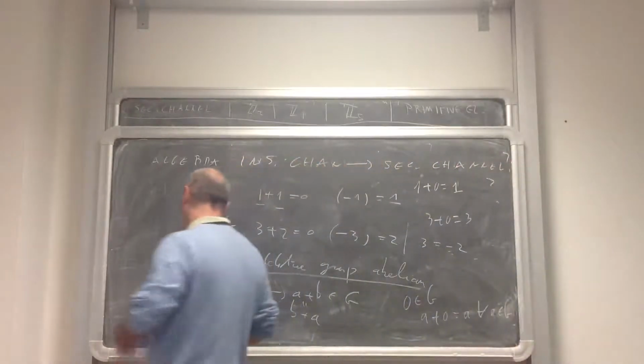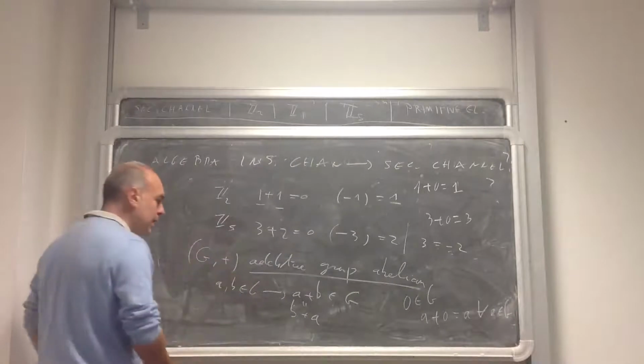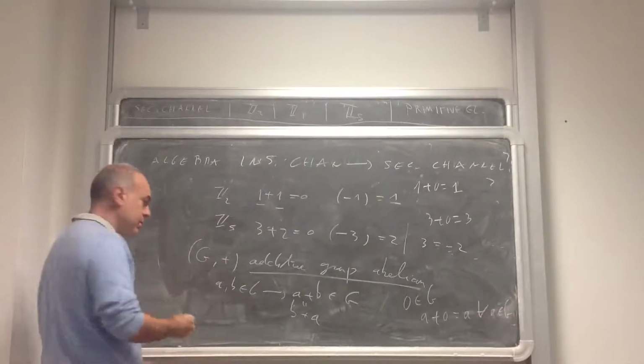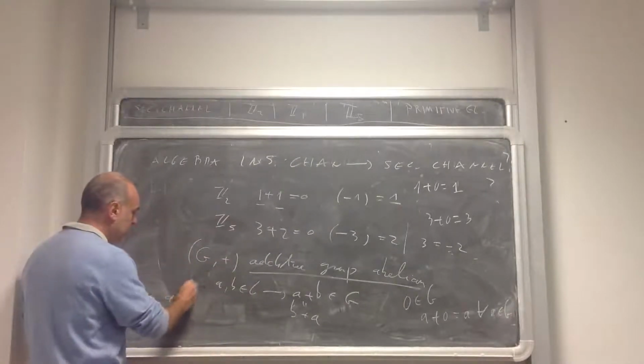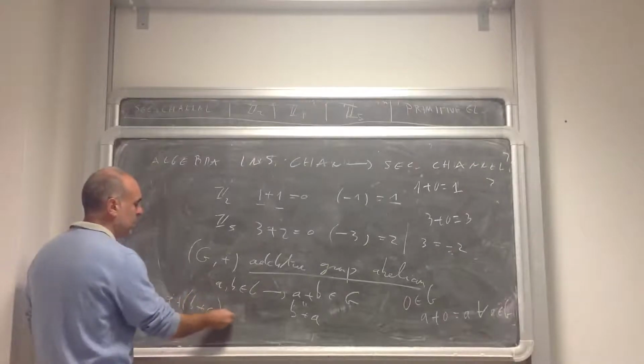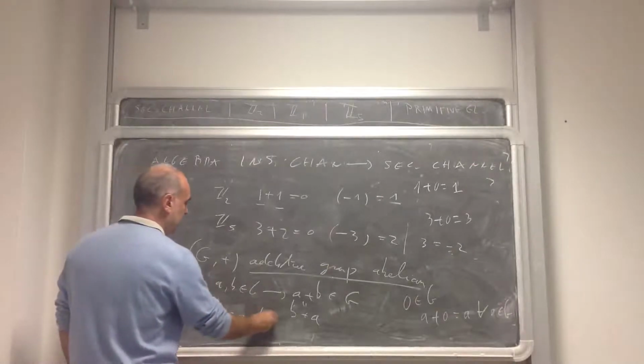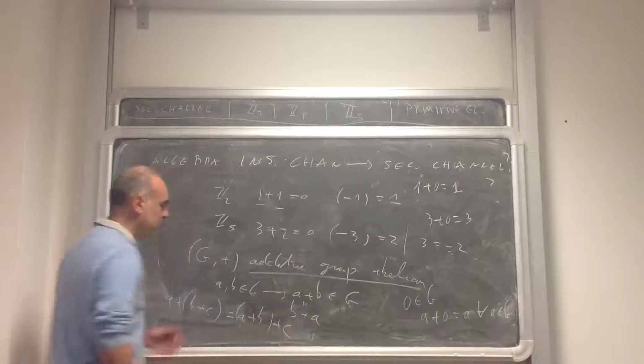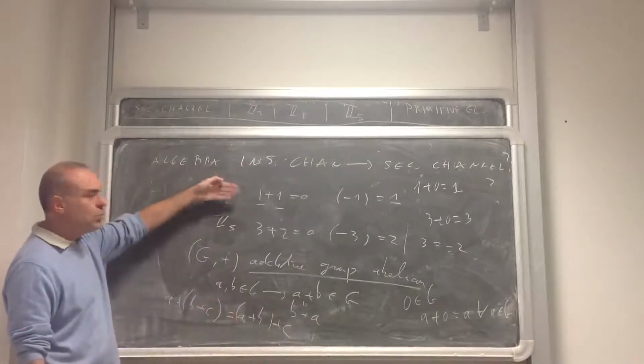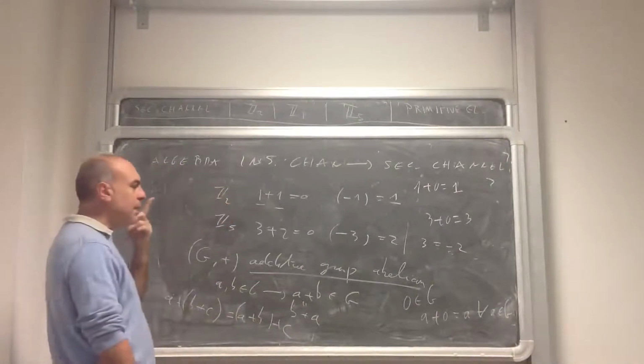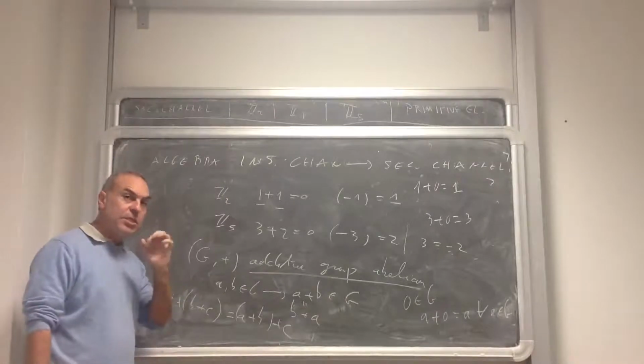Then you can sum more things together, and the order doesn't matter. A plus B plus C is A plus B plus C with any grouping. And we have this property also in Z2 and Z5. And finally, for any element there is an inverse.